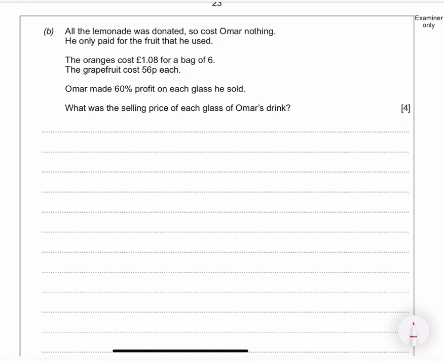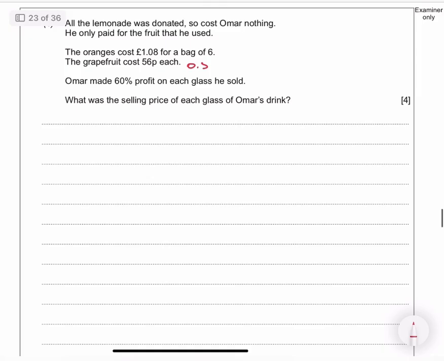Now, all the lemonade was donated, so it cost Omar nothing. He only paid for the fruit that he used. So oranges cost £1.08 for a bag of 6, and the grapefruit cost 56p each. So we try to use the same units here. Either change that into pounds or change £1.08 into 108 pence. Okay, so for 1 glass, 1 orange will cost him 18 pence.